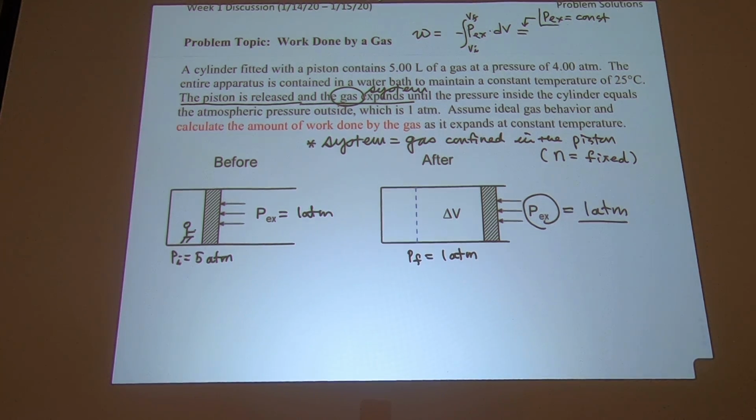Therefore, this is a case where the resistance, the external pressure, has been constant throughout the process. This can be taken out, minus external pressure, and the final volume minus initial volume is delta V, with a retaining minus sign in front.